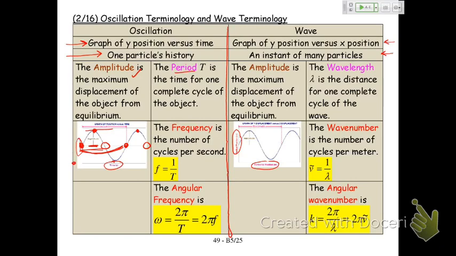You don't really need frequency, but people don't like really small numbers. So rather than saying how long does it take for one cycle, if you say how many cycles can you take in 1 second, it's the opposite, it's the inverse. And so we like frequency.